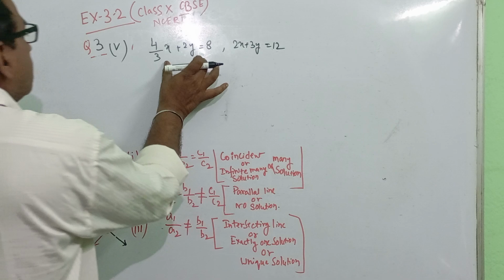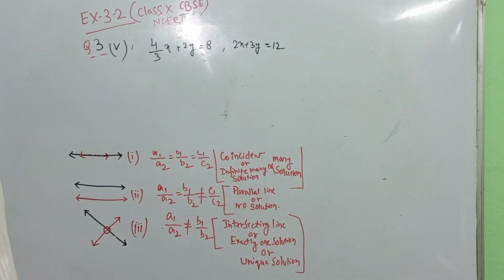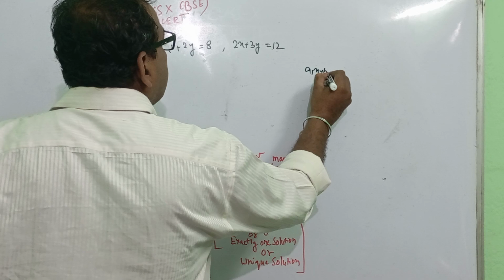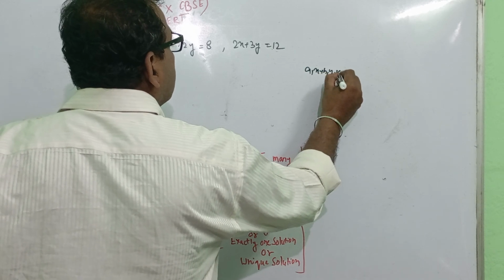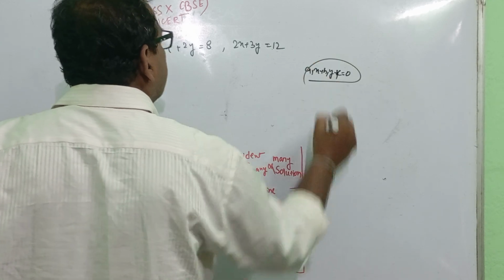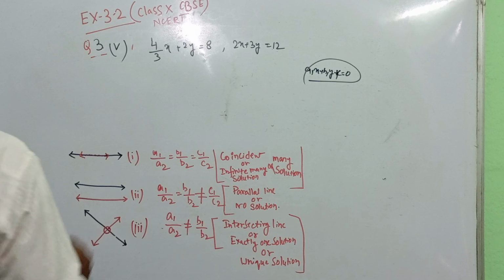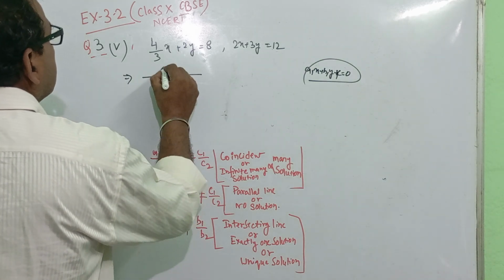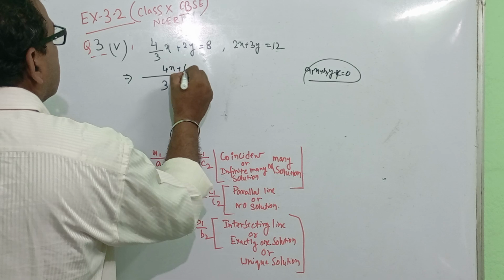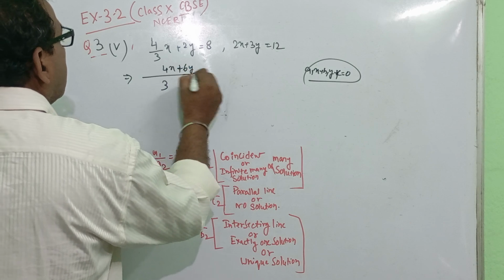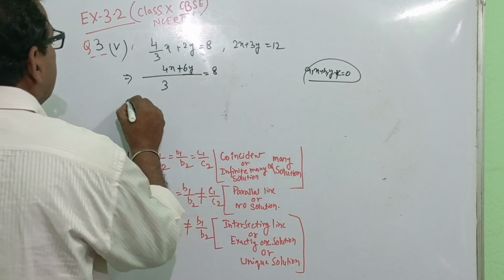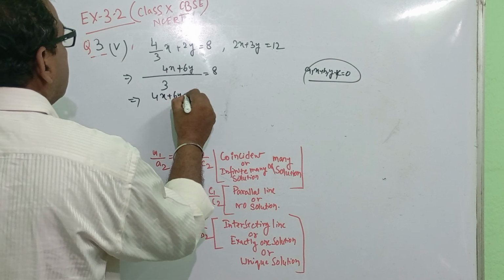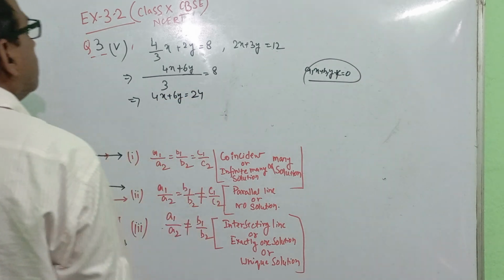Now this is not in the form a1x plus b1y plus c is equal to 0. We have to do that. What will we do? That is 4x plus 6y is equal to 8. Now this is 4x plus 6y is equal to 24.